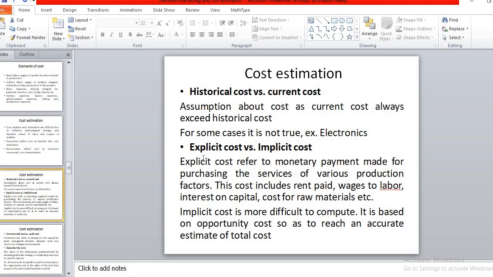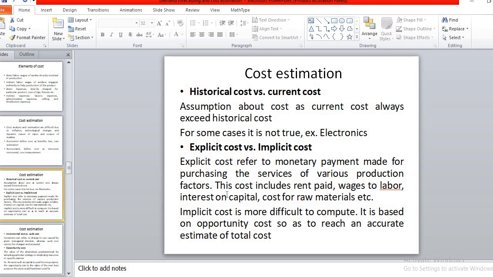Again, there is explicit cost and implicit cost. Implicit cost is related to the opportunity cost, and this is used to estimate the total cost of a particular project.